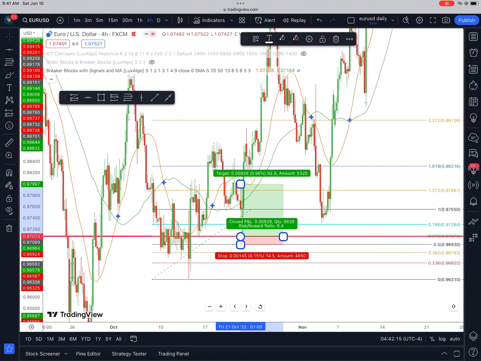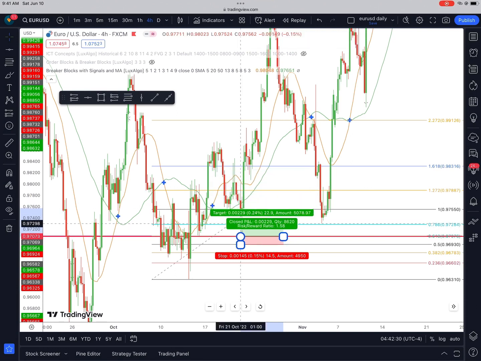So you have 2 trades open, each moved straight to break even. One you set your TP at the one level, and the second you set your TP at 1.6.